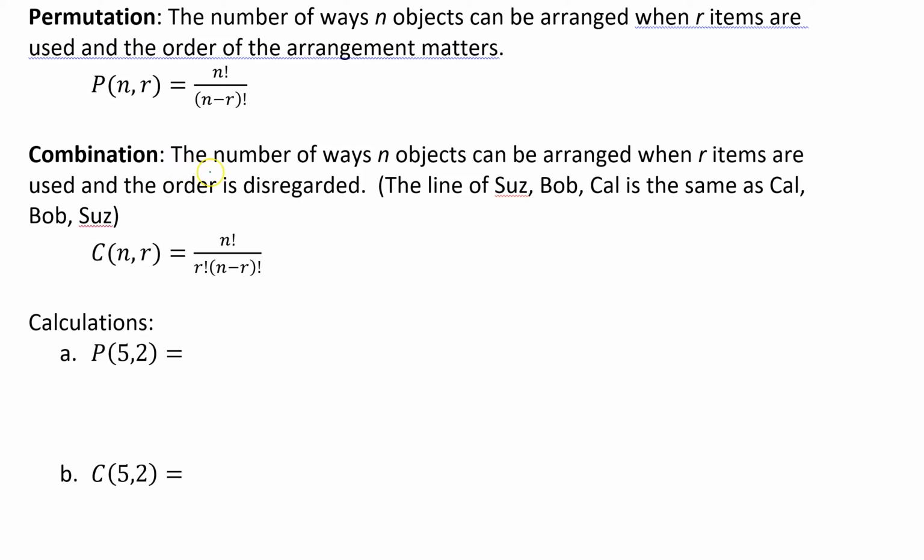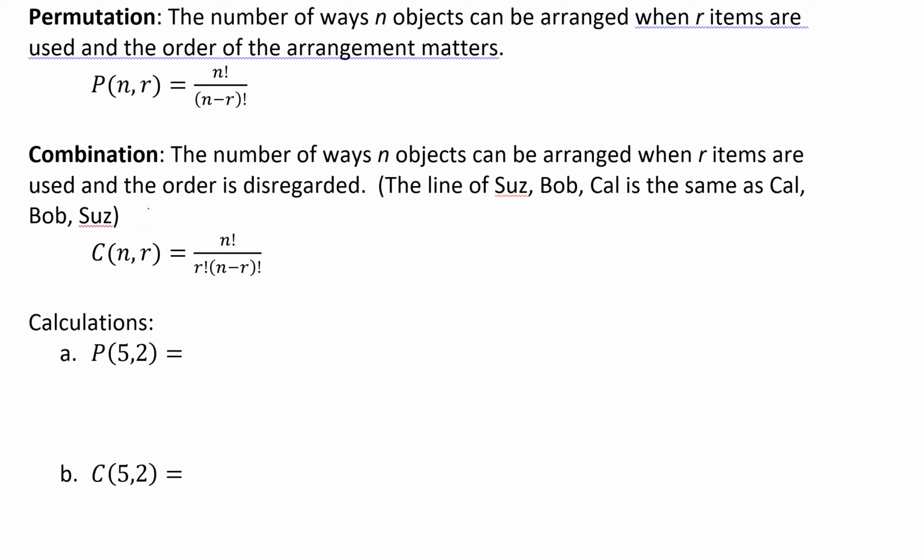It is the number of ways n objects can be arranged when r items are used and the order is disregarded. So, for example, if we had a lineup, Suze, Bob, Cal, that would be considered the exact same as Cal, Bob, Suze. Order doesn't matter, there's still three people.